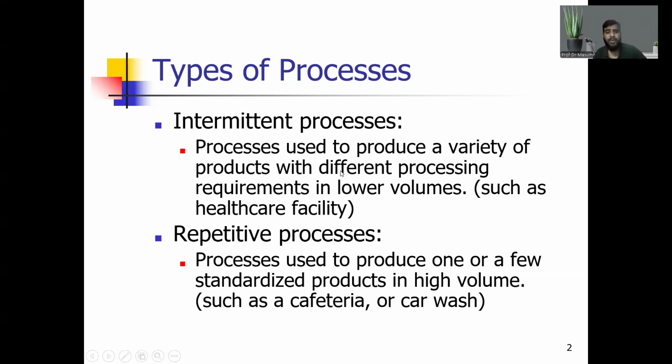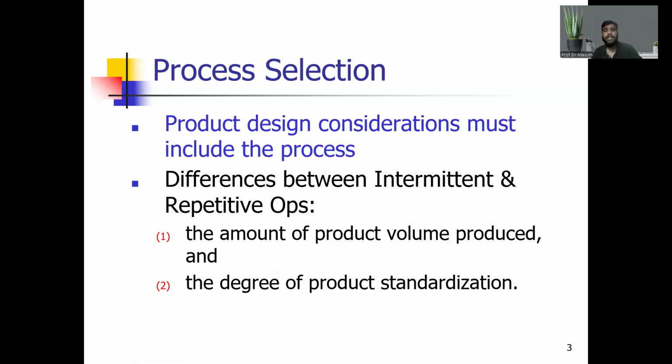When the number of items will be few, you will use intermittent process. When the number of items will be high, you choose repetitive process. So product design considerations must include the process.